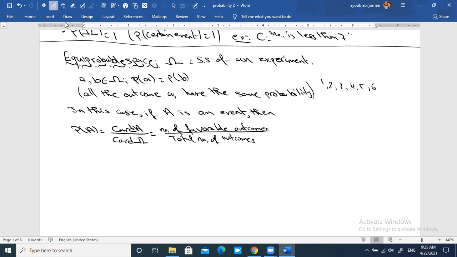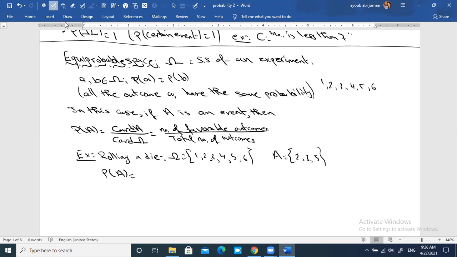For example, in rolling a die, the outcomes or the sample space are 1, 2, 3, 4, 5, 6. Event A: the number is prime, so A is 2, 3, 5. Then the probability of A, in rolling a fair die, this space is equiprobable.